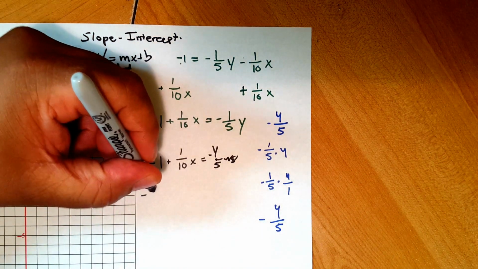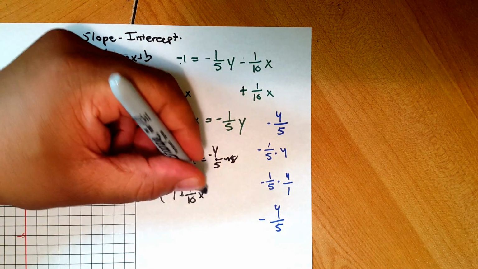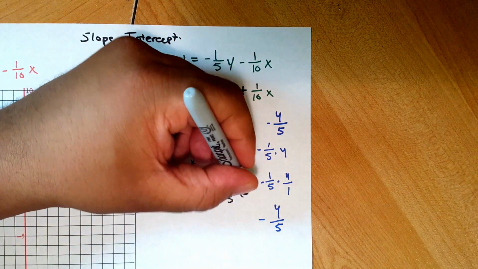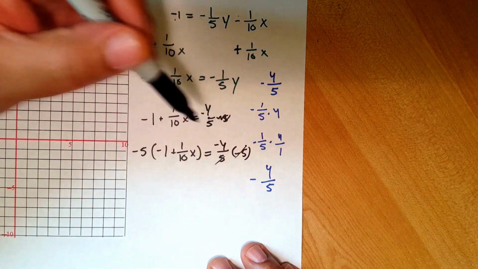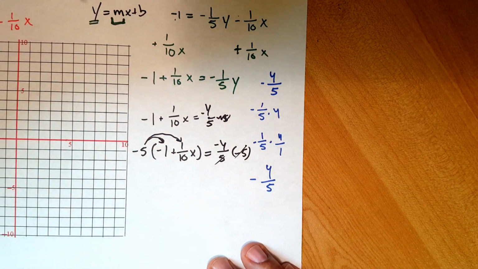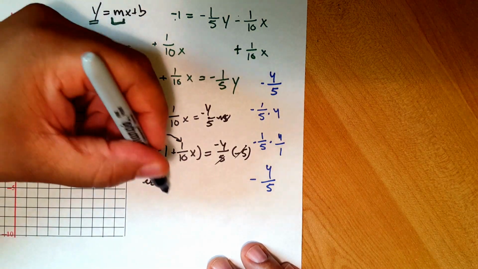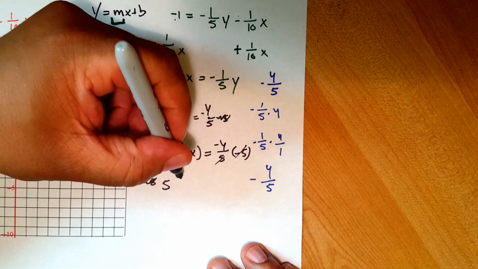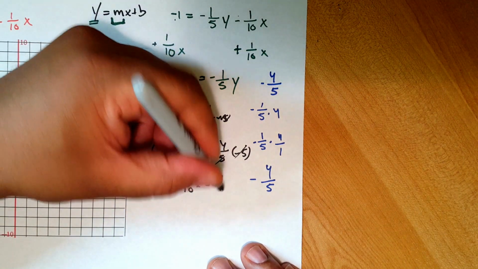So we'll have negative 5 times this whole quantity, and what that will allow us to do is cancel out our 5s, and we'll multiply and distribute to both places. So now we have positive 5, because negative 5 times negative 1 is positive 5, and then negative 5 over 10 x, which is going to equal a positive y.